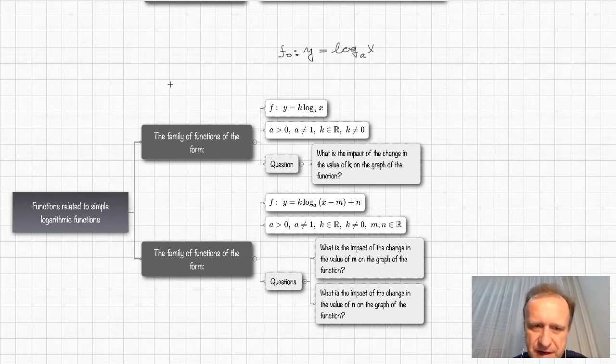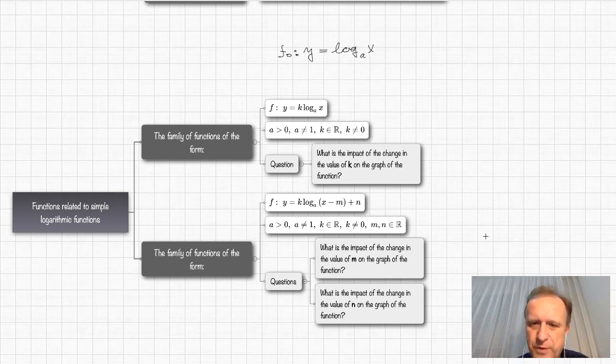So this was the family of functions in the form y equals k times logarithm in base a of x. Now let us consider another, more general family of functions. This time the functions in the form y equals k times logarithm in base a of (x minus m) in brackets plus n. You may remember this game with m and n.